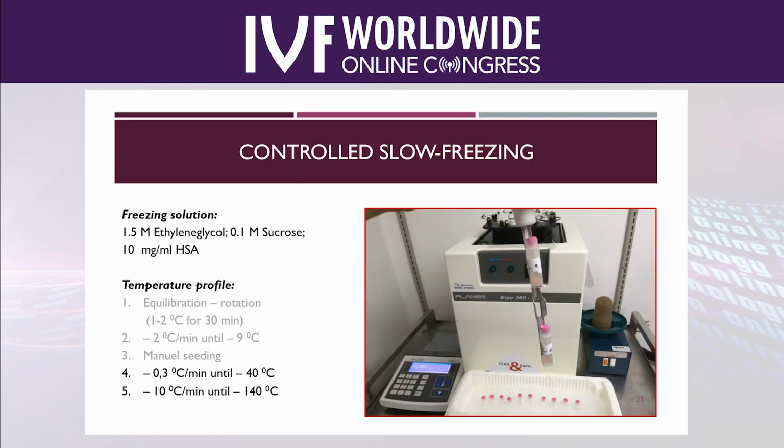Then we put the ampules back in the planner freezer, and then the program will take the samples to -40 degrees with 0.3 degrees a minute. So this is the slow part of the freezing. And once we get to these -40, then we have the vitrified state of the freezing, and then the machine quickly takes the samples to around -140.